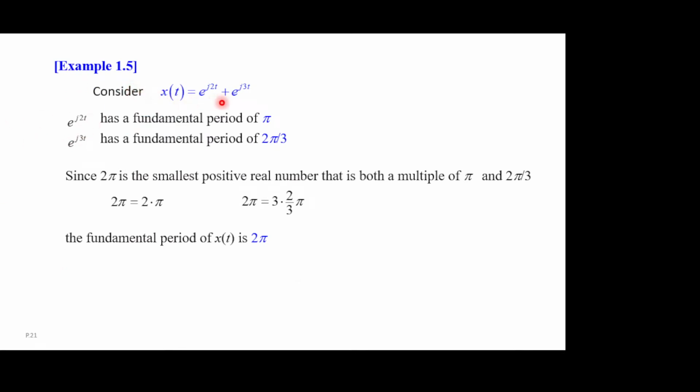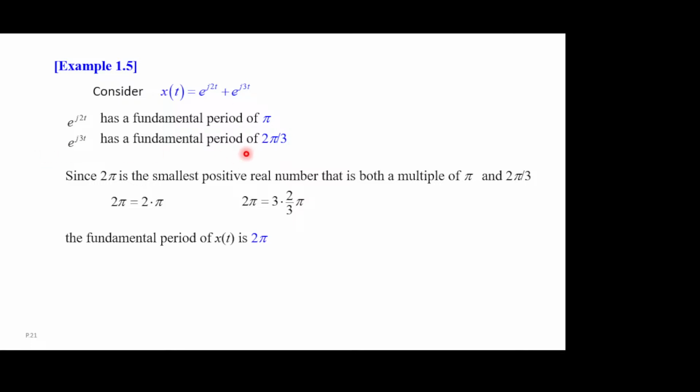Okay, so let's run through this a little faster. Now we consider this function, and we can think about what its fundamental period is. It has 2 parts: e to the j2t, and another part, e to the j3t. The first part has fundamental period 2 pi divided by 2, equal to pi, and the other part has 2 pi divided by 3, 2 pi over 3.